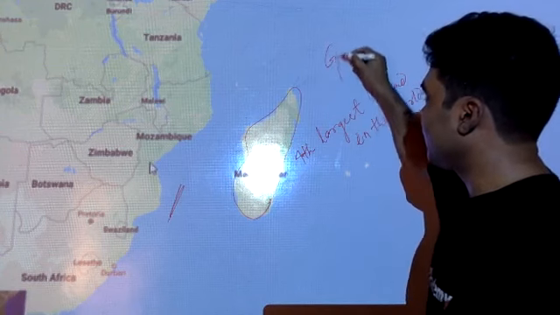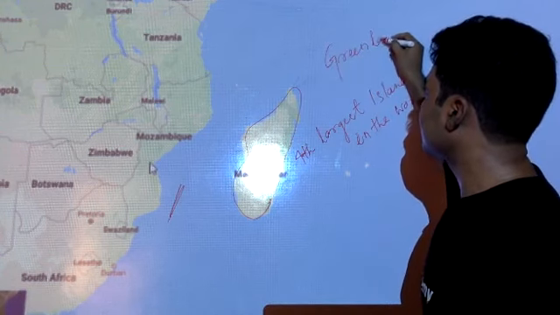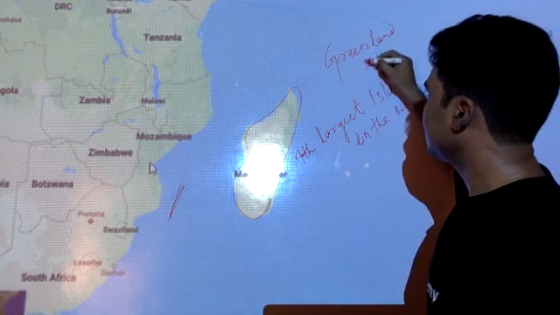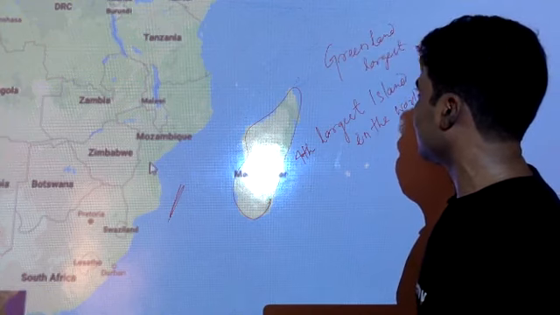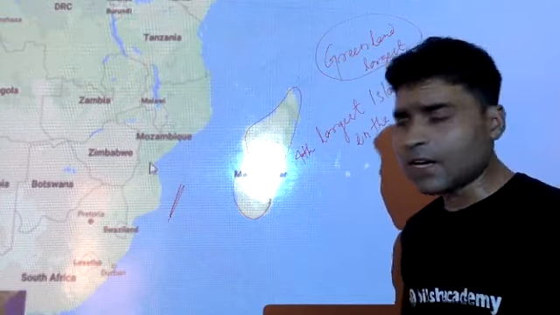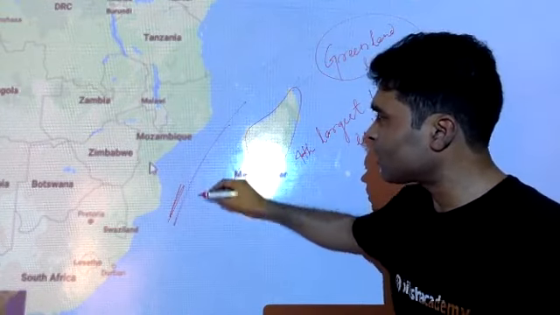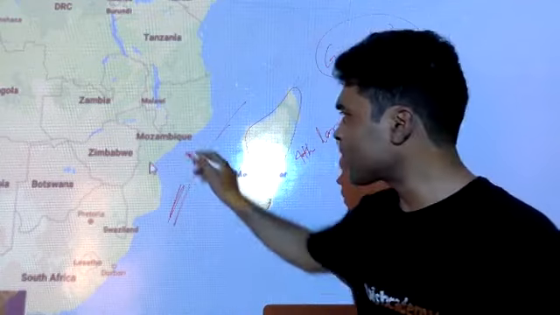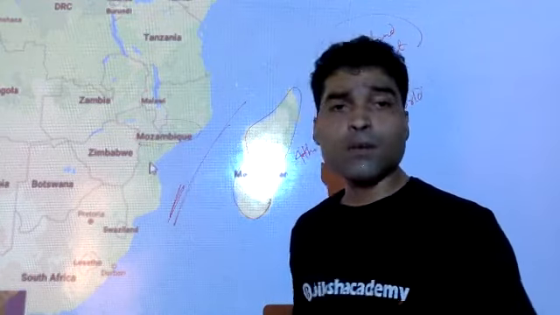And we know Greenland, the largest island. So Greenland is the largest island. This Madagascar is the fourth largest island, and there is one channel called Mozambique Channel. You can see here one country is called Mozambique.